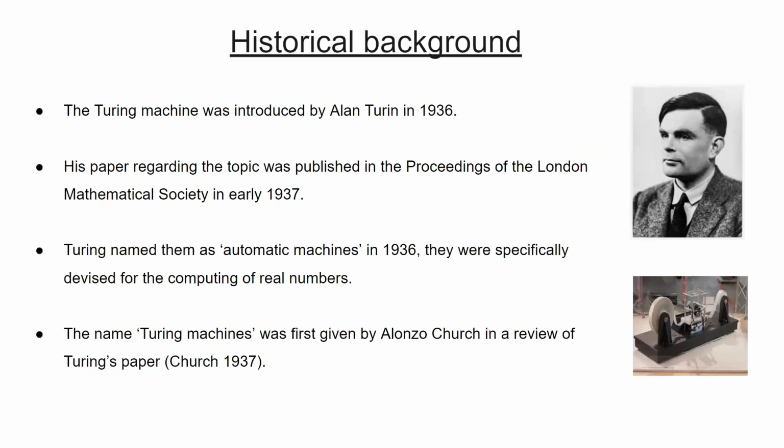Turing named them automatic machines in 1936. They were specifically devised for the computing of real numbers. The name Turing machine was first given by Alonzo Church in a review of Turing's paper in 1937.